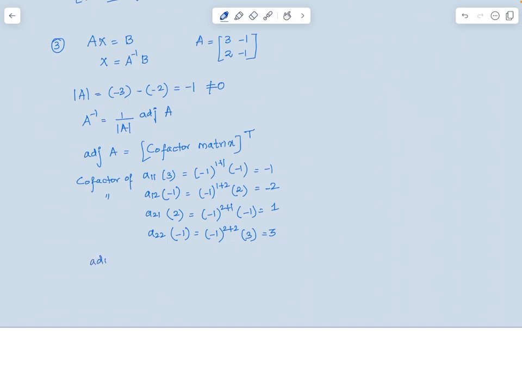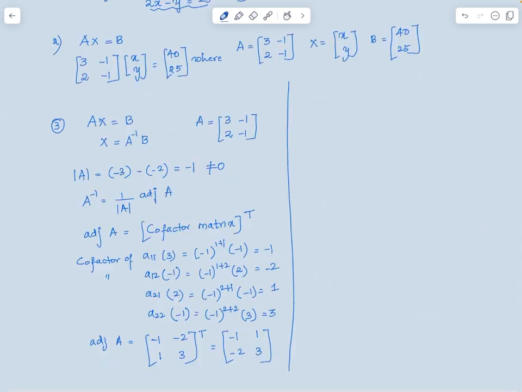So adjoint A is the transpose of this matrix minus 1, minus 2, 1 and 3, which is minus 1 and 1 on the first row, minus 2 and 3 on the second row.